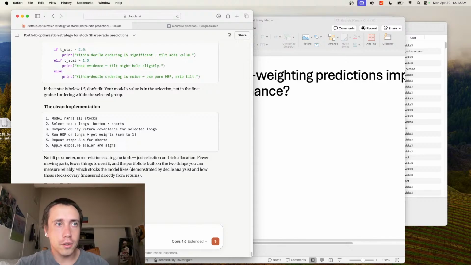Outline the structure for building a new portfolio class, a new class in portfolio.py for implementing the HRP allocation strategy.